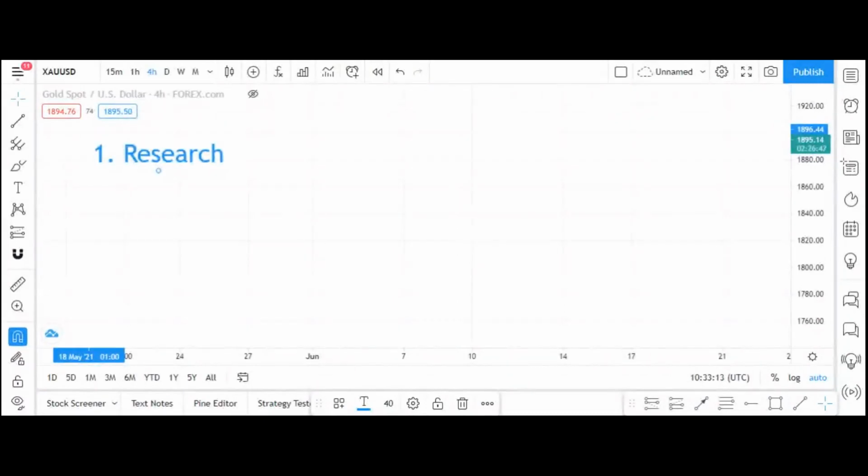So first thing I do is I research. Let's take for instance, I want to trade AMC. I need to know what AMC is. Let's say I want to trade GameStop. I need to understand GameStop itself. I'll need to go online and research about GameStop.